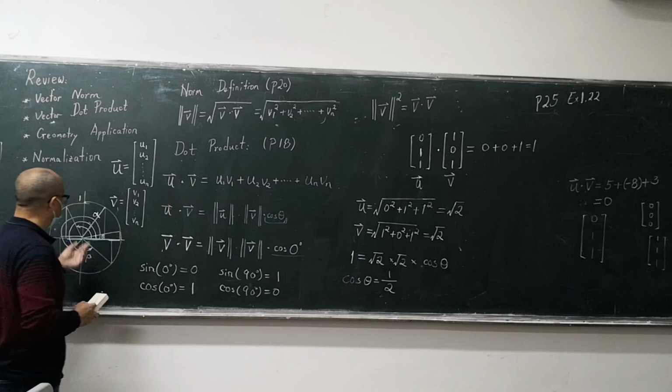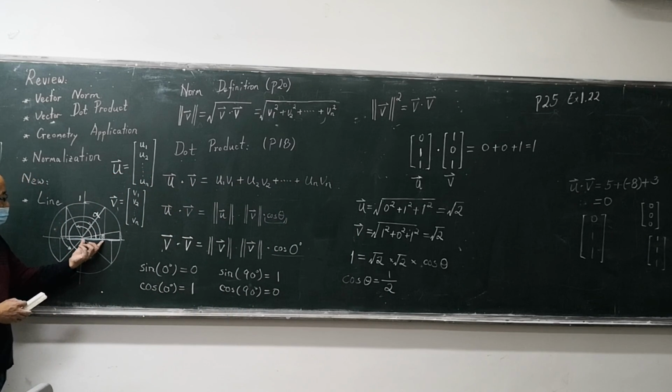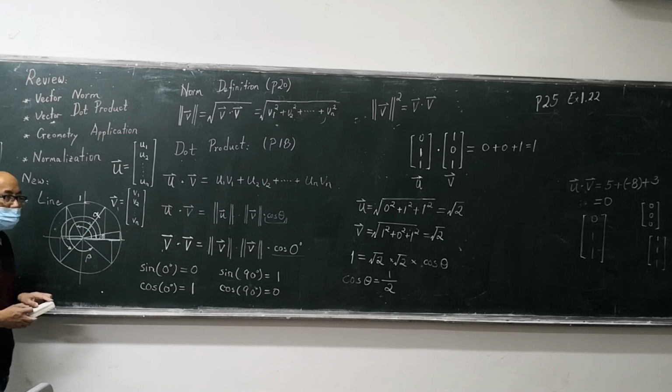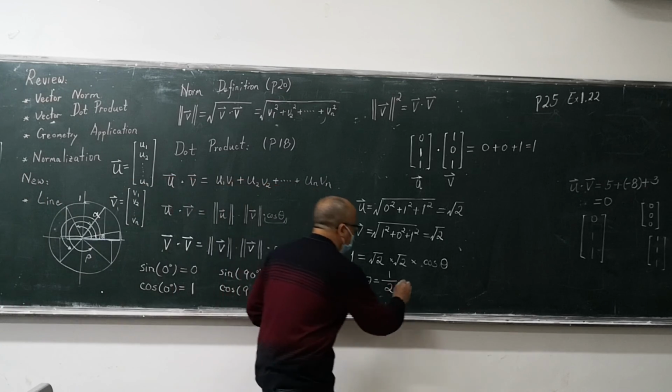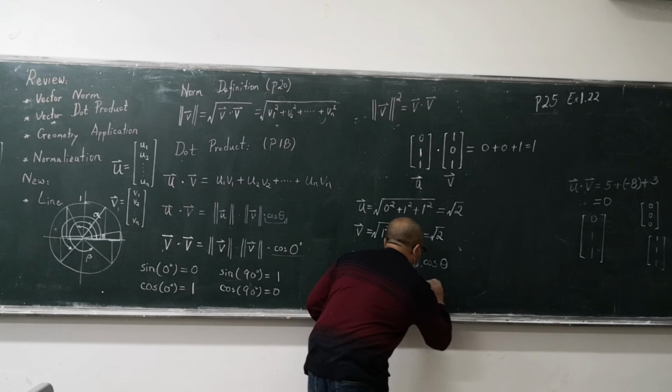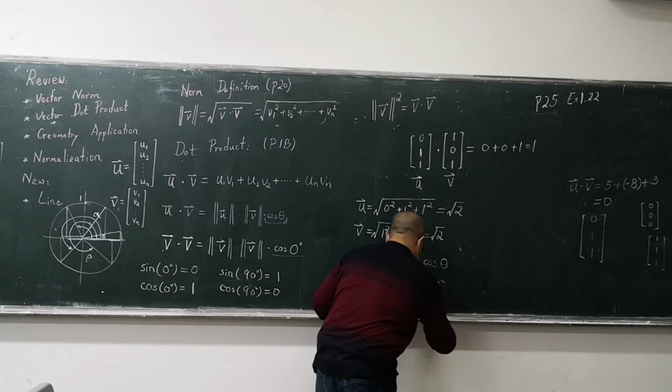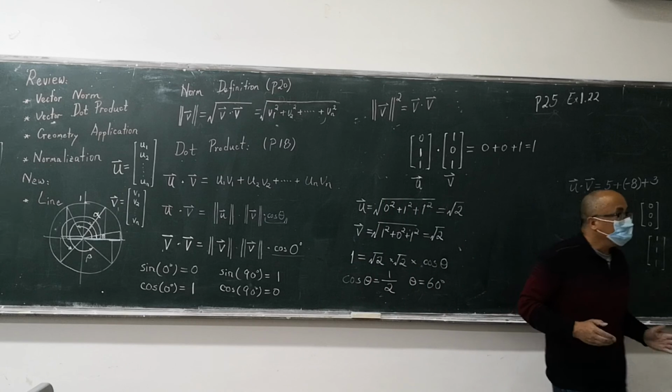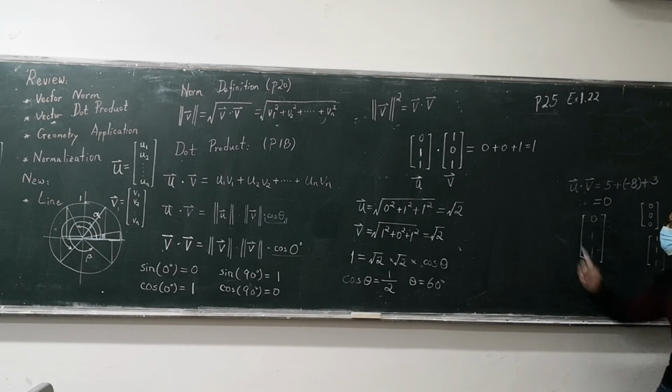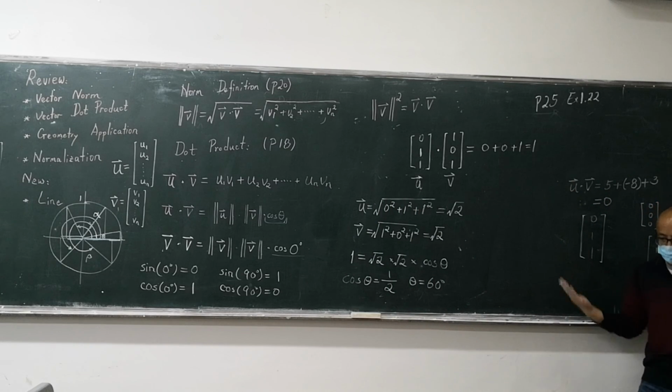If cosine is a half, then this angle is 60 degrees. So this proved this diagonal and that diagonal is 60 degrees.